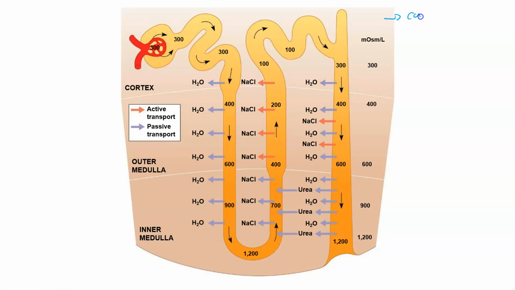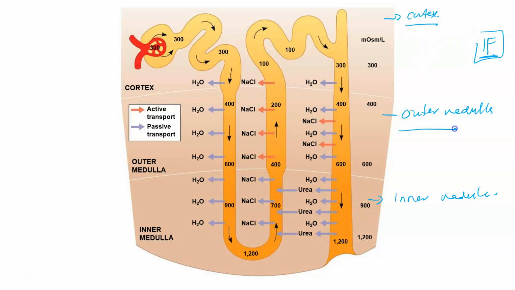So we have the cortex, we have the outer medulla, and then we have the inner medulla. Okay, inner medulla. So as the concentration of interstitial fluid goes from cortex to outer medulla and inner medulla, the osmolarity will increase.